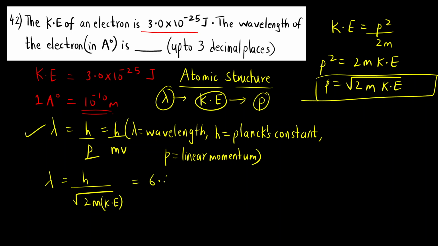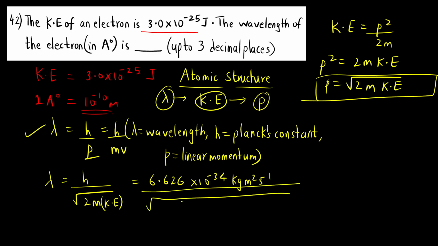H is Planck's constant, 6.626 into 10 raised to minus 34 joule second. This I can write as joule is kg meter square second raised to minus 2, into second. Minus 2 plus 1 becomes minus 1, divided by root of 2 into mass of an electron, which is 9.1 into 10 raised to minus 31 kg.